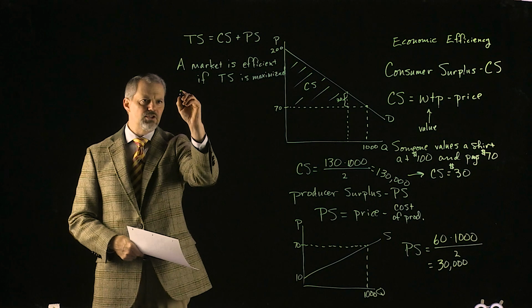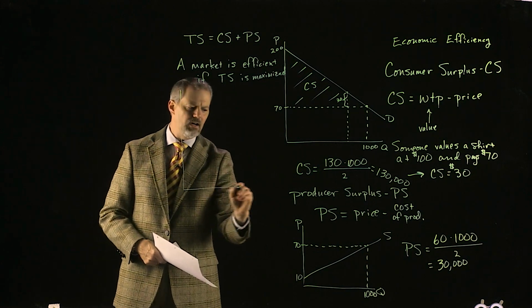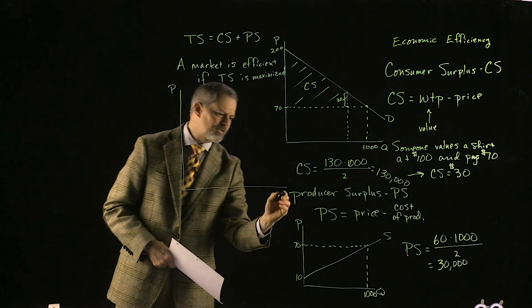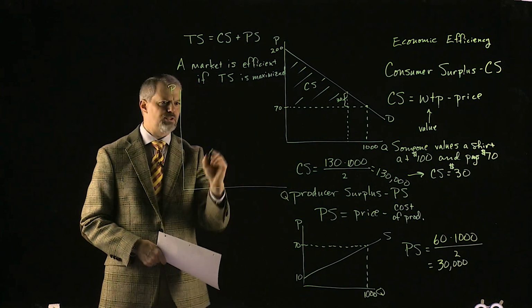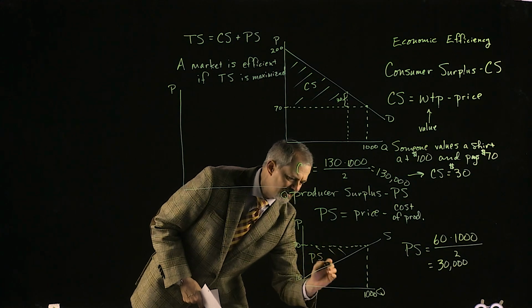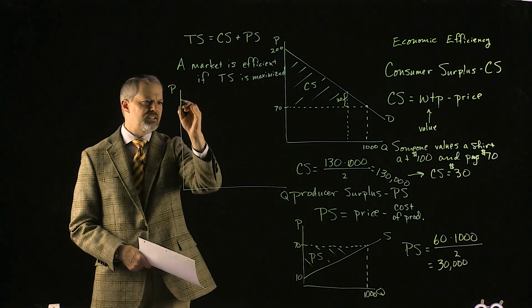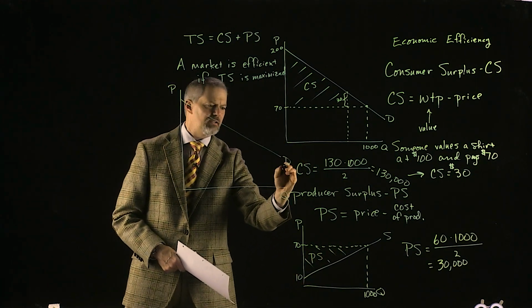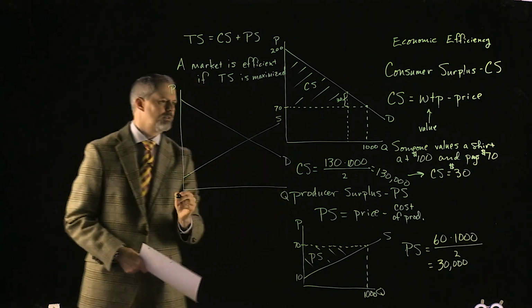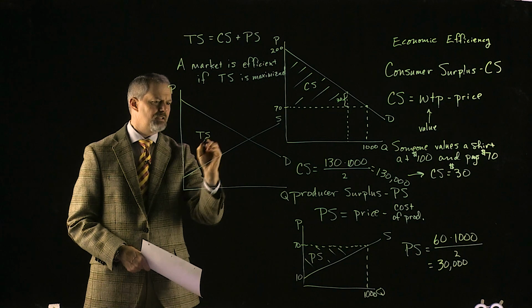Total surplus shows up as the area under the demand curve and above the supply curve. So if we're talking about putting these two together, down here was producer surplus. It's that area down there. If we put these together, we get demand, we get supply, and right here is total surplus.